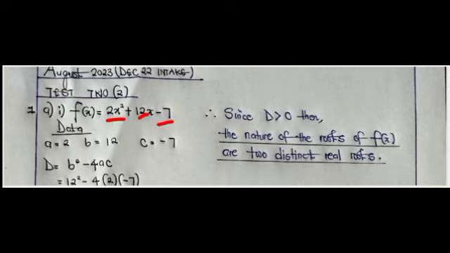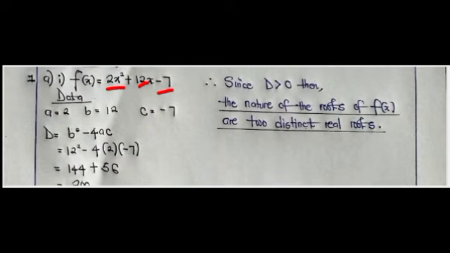Now, we are going to use a formula to determine the nature of the roots of our equation: the discriminant is given by the formula b squared minus 4ac. According to our data, b is 12, so we say 12 squared. Our a is 2, and our c is negative 7.